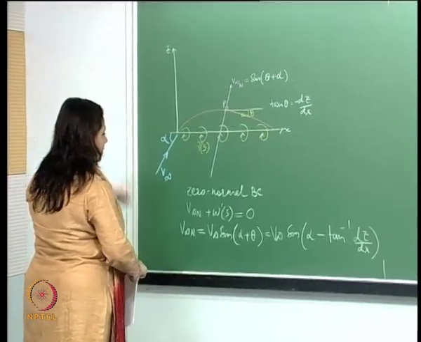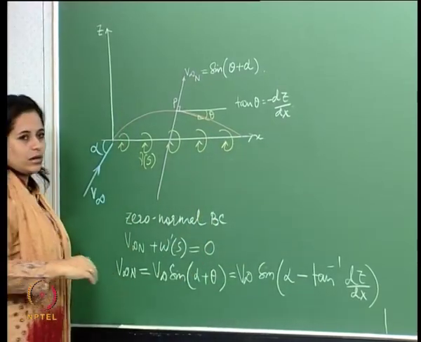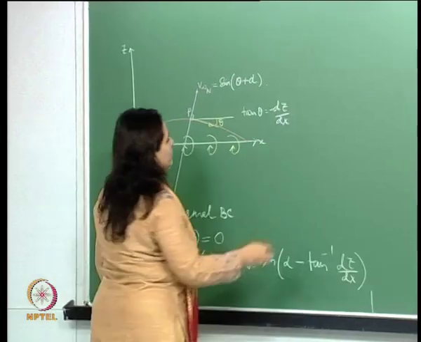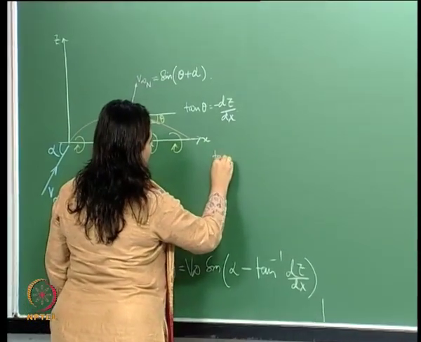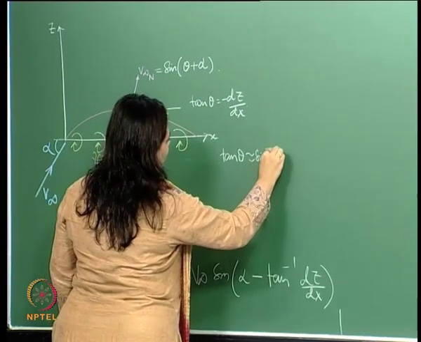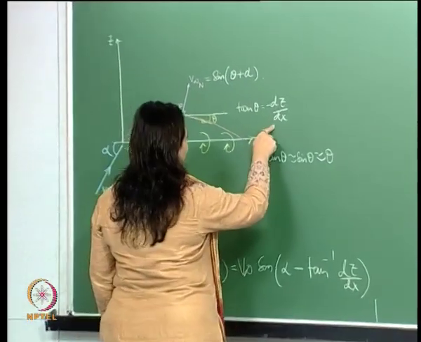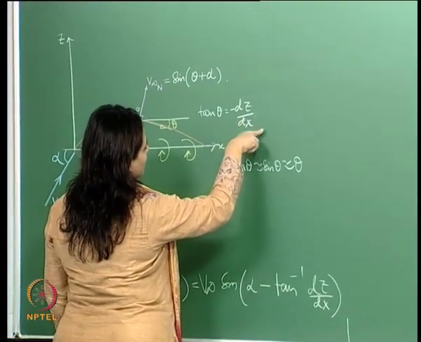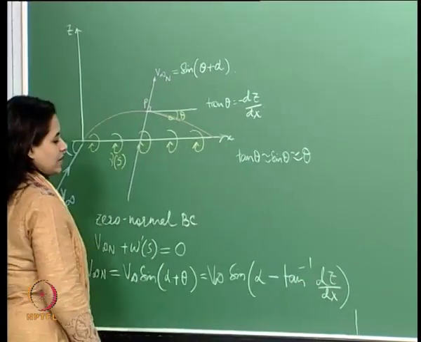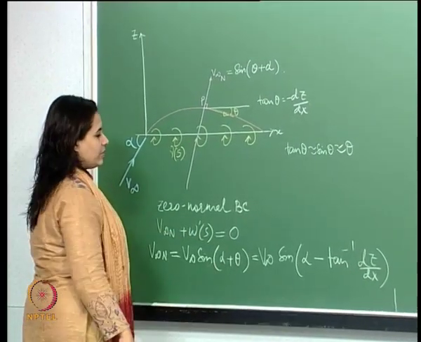Now, if we consider this to be a small perturbation problem, then if theta is small, I can write tan theta as theta. Theta is tan inverse of this, so I can simply write this theta as dz by dx.